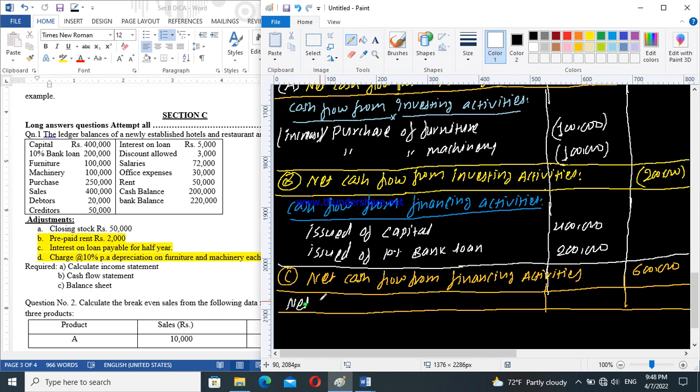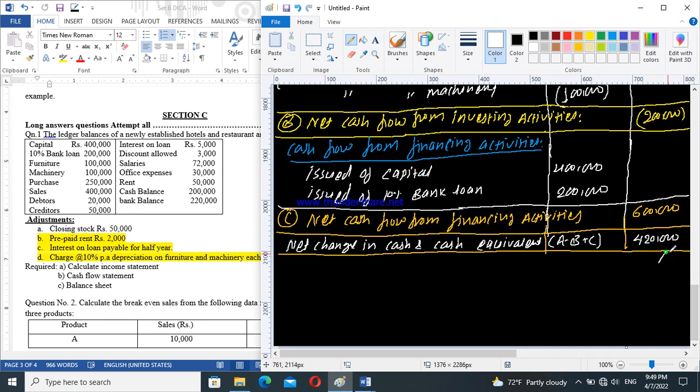Net change in cash and cash equivalent, A minus B plus C. Therefore, the answer is 4,20,000. Answer is completed.